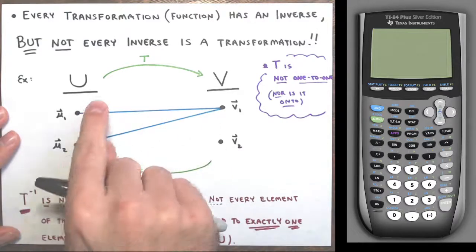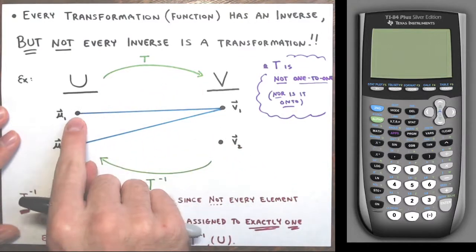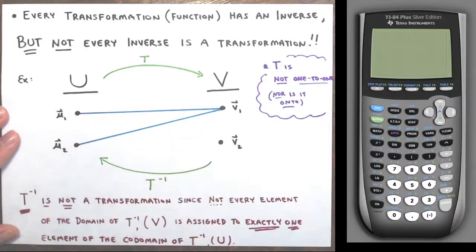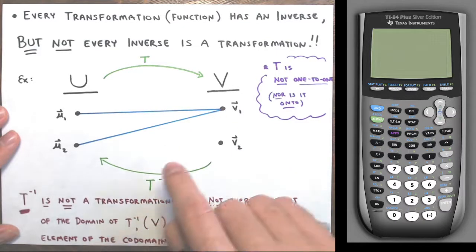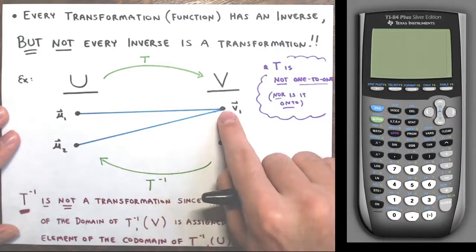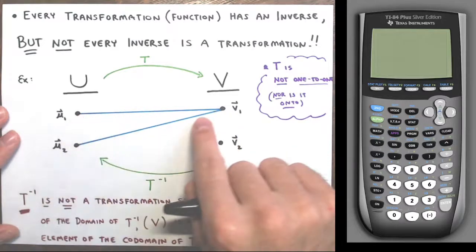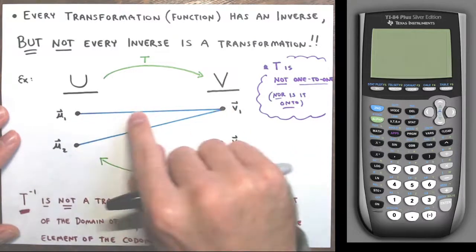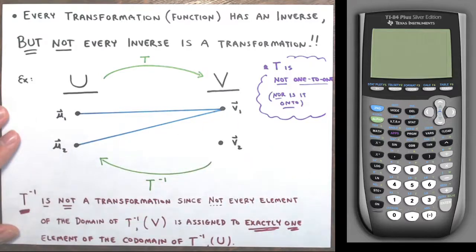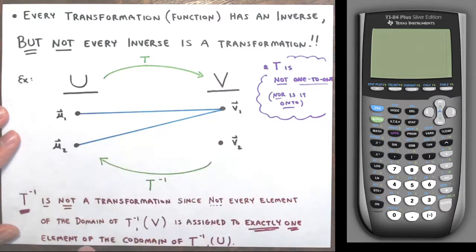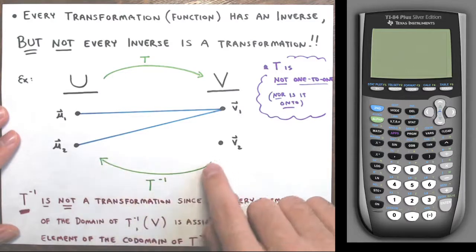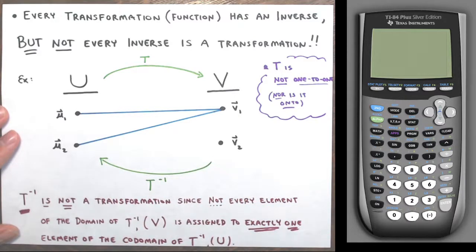So under T, you see U1 maps to V1, and U2 maps to V1 as well. And then under T inverse, V1 maps to both U1 and U2, if you reverse the arrows, the segments there, and V2 doesn't map to anything. Do you see how in this picture T inverse is not, by definition, a transformation, or a function?